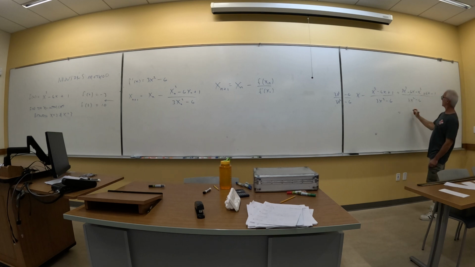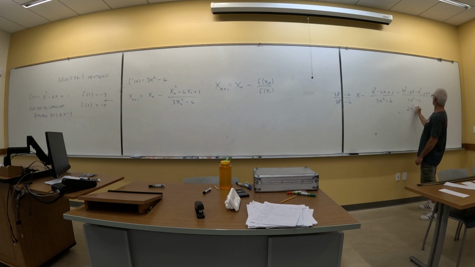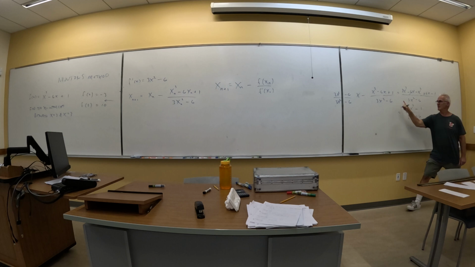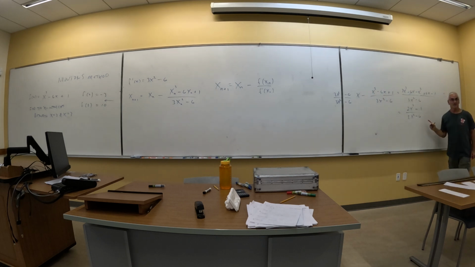What do I have left on top now? 2x cubed plus 1. Well, yeah, minus 1. Minus 1. Would you say that's simpler than that? Yeah. Half as many buttons.